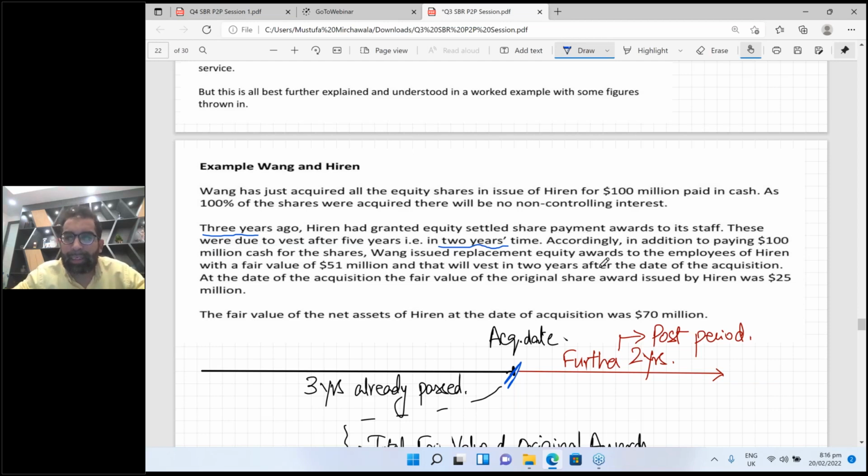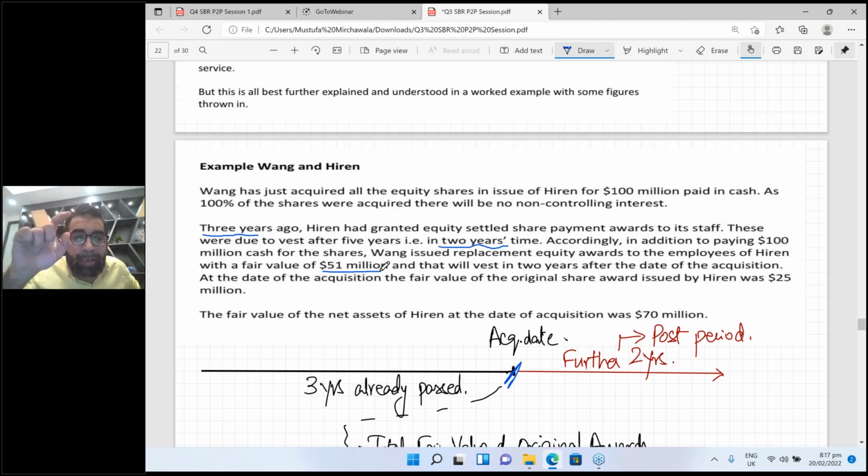Okay, accordingly, in addition to paying $100 million cash for the shares, Wang issued replacement equity awards to the employees of Hiren with a fair value of 51 million. See, wait, this is given by the parent company, total $51 million.